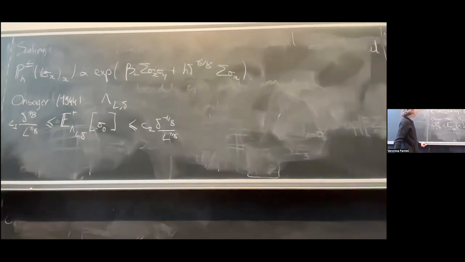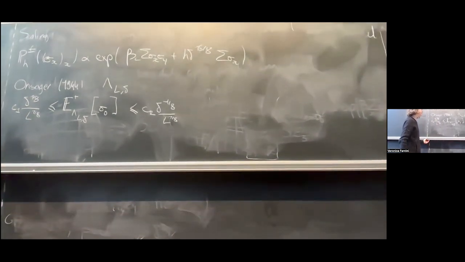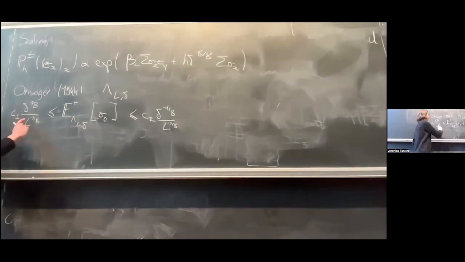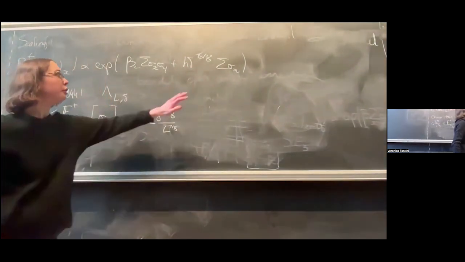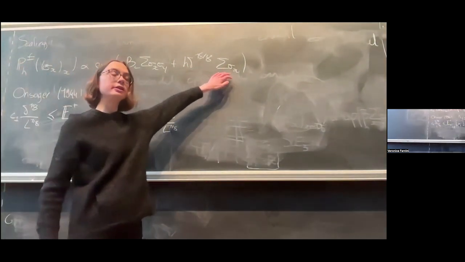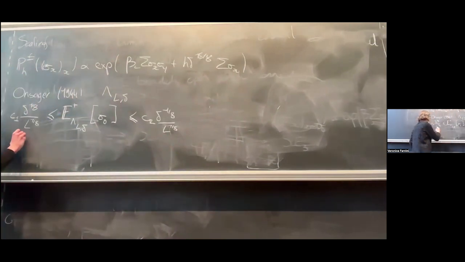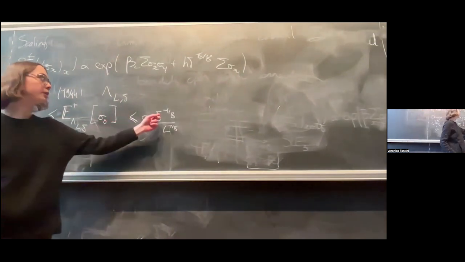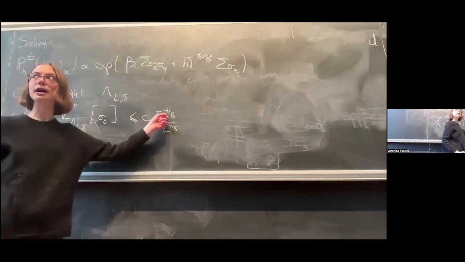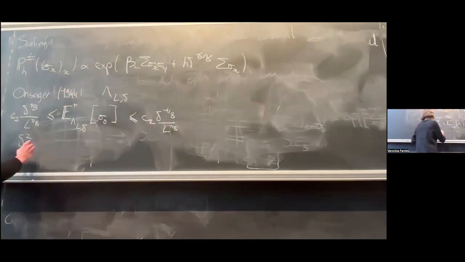This is already an indication that this is the correct scaling, because you should think of it as a discrete integral, so you have a delta squared. If you want to see something non-trivial, you have to multiply by delta to the power minus 1/8, because otherwise, as delta goes to 0, it will just go to 0. This gives you delta to the power 15/8.